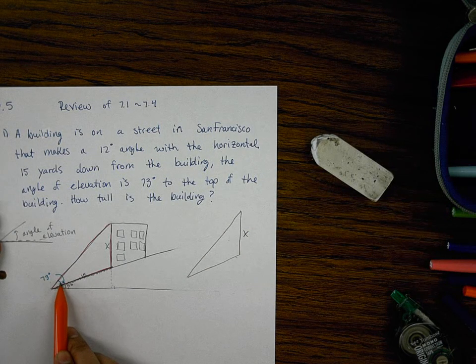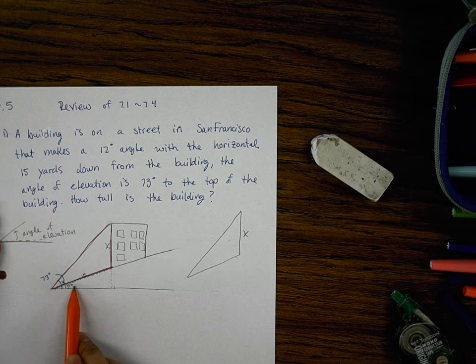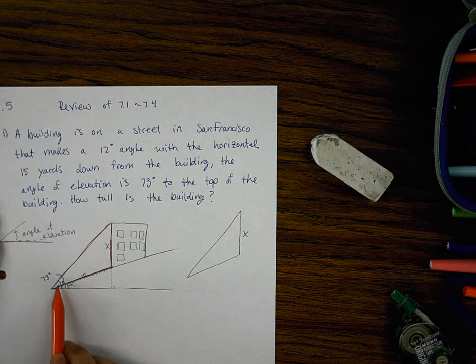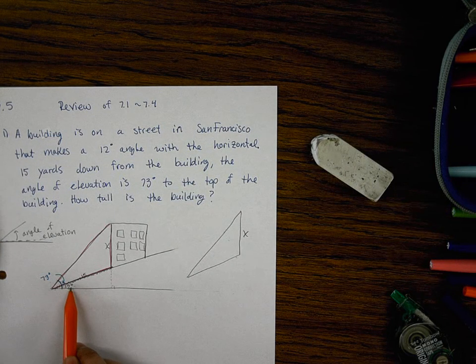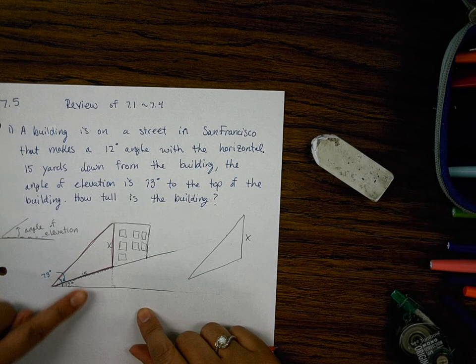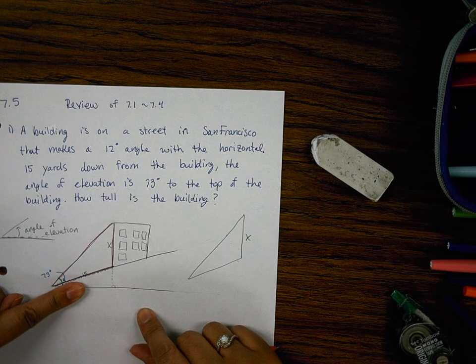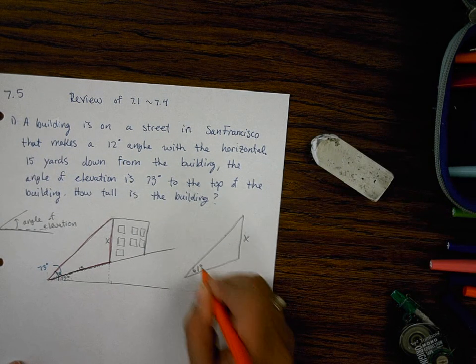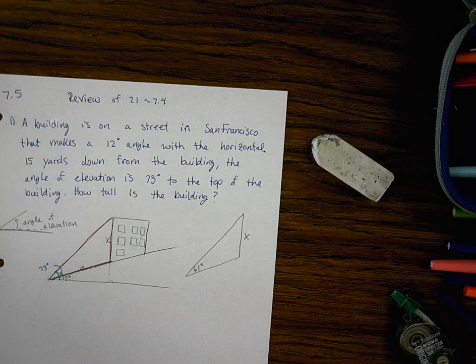Redrawing it, the height is what we're looking for. That's the height of the building. What is this little angle in here? If the big angle of elevation is 73 and the little angle at the bottom is 12, you're going to do 73 take away 12 to see what you're left with, and that comes out to be 61.